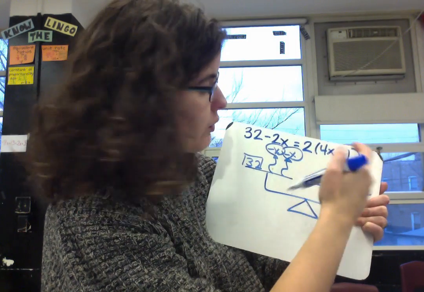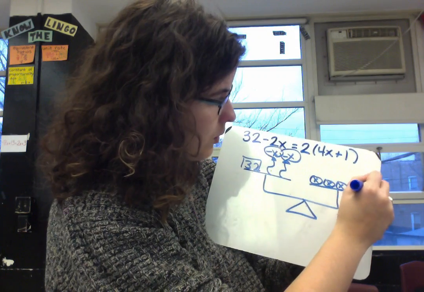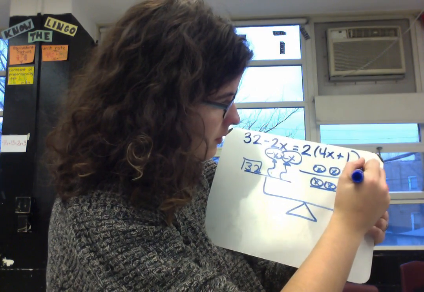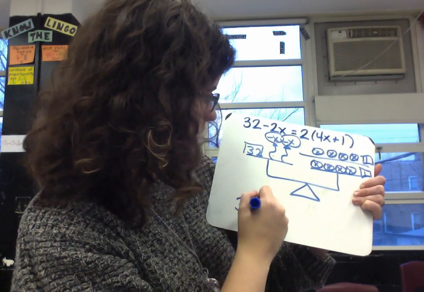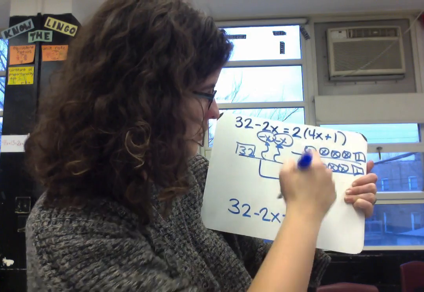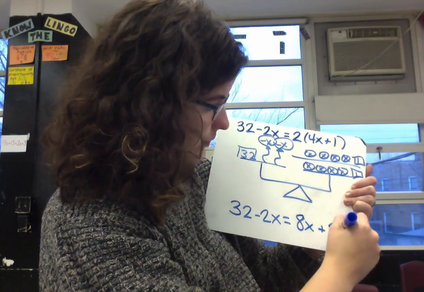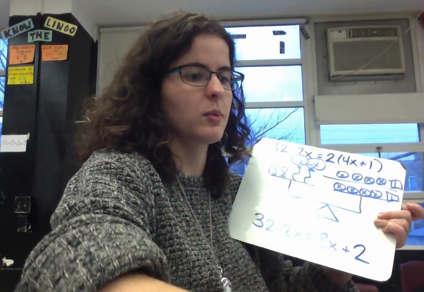And then over here we've got grouping. We have 4 x's and 1 twice. And we could actually just rewrite that as 32 minus 2x is equal to 8 x's plus 2. We're going to see if we can use that then in our algebraic solution.